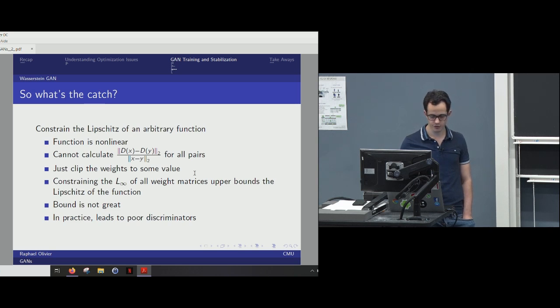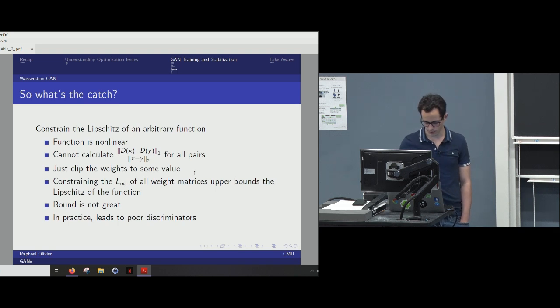So the authors of the Wasserstein-GAN paper, what they do is they just solve a sort of upper bound problem on the Lipschitz thing. They say if I just clip my weights to be small enough, then if my activations are like this, I can just, at the very least, prove that my Lipschitz constant is not bigger than this. So if all my weights are 0.5, then my entire network is at least Lipschitz this.